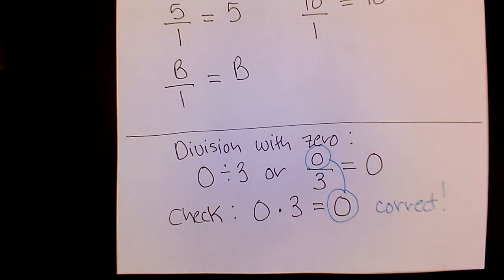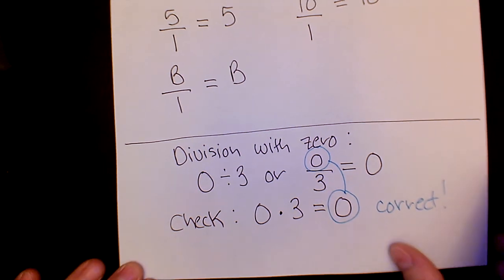So whenever you have 0 divided by a number, it's always going to be 0, because 3 can go into 0 times. And I can always check it. So if 0's on the top, we're good.